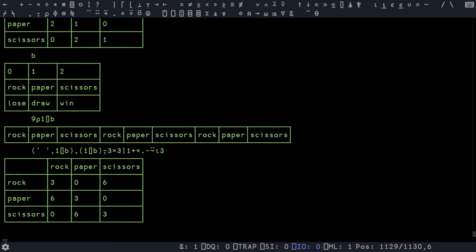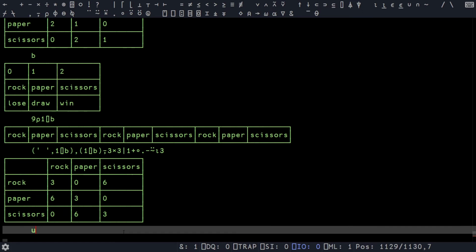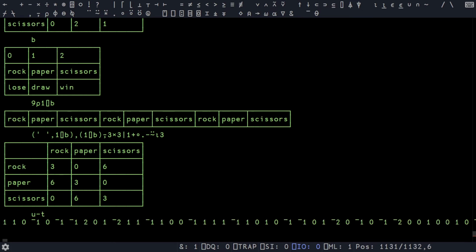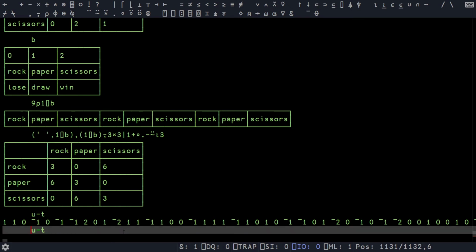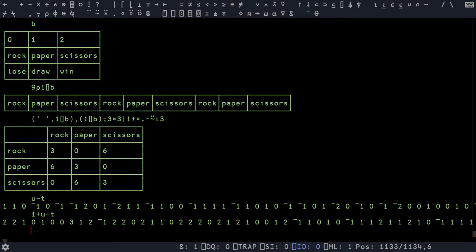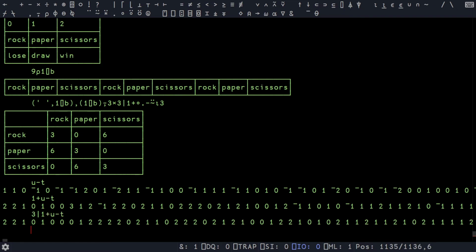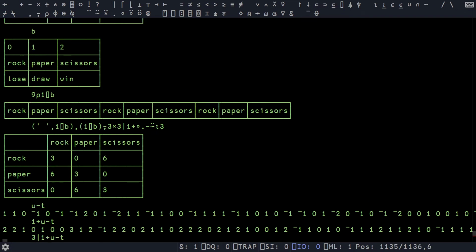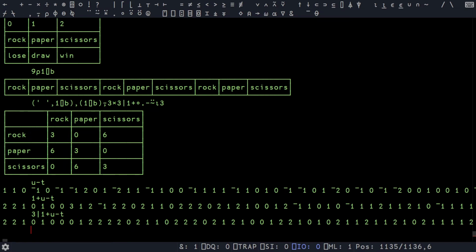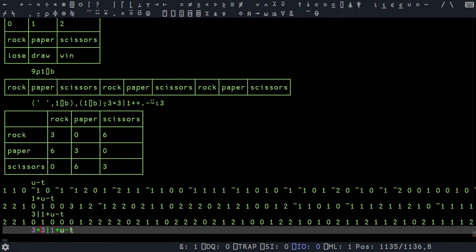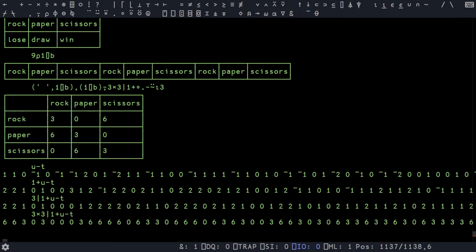So if we do us minus them, that gives us this vector, and we add 1 to shift things over, just like we were talking about. And if we do mod 3, that brings everything into the 0, 1, 2 range. If we multiply by 3, that gives us the scores for the different match values.